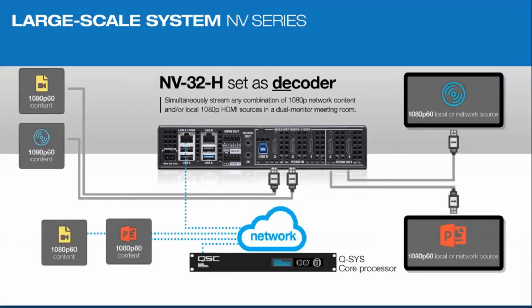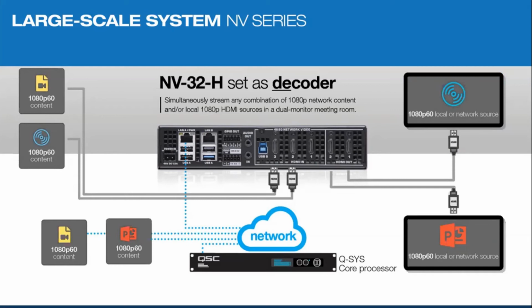When you use the NV32 as a decoder, you can receive 2 streams from a network, which makes it quite helpful. A trend in especially boardroom installations right now is to have 2 plasma LCD screens at the front of the boardroom, one for the local presentation content and one for the VC far side video. So this is supported by a single box. You can mount one box behind those 2 screens and just connect them with HDMI.